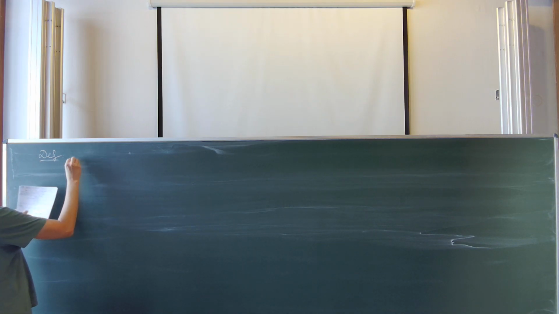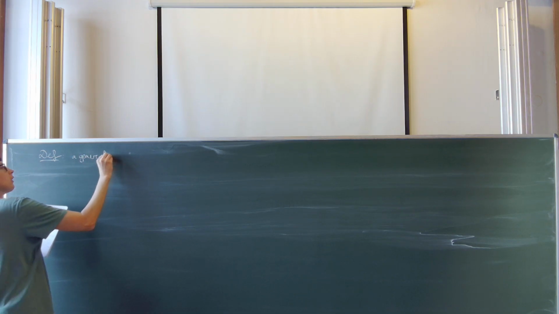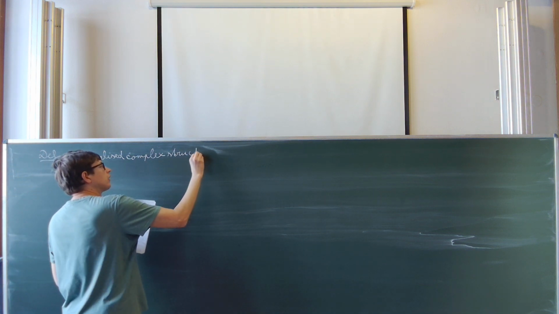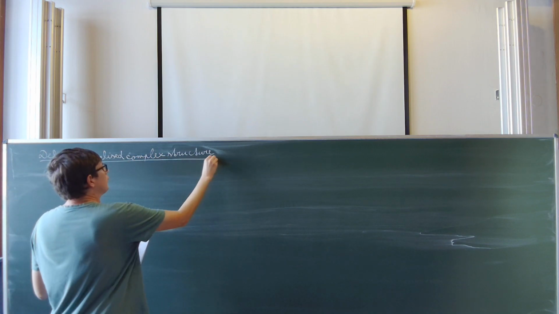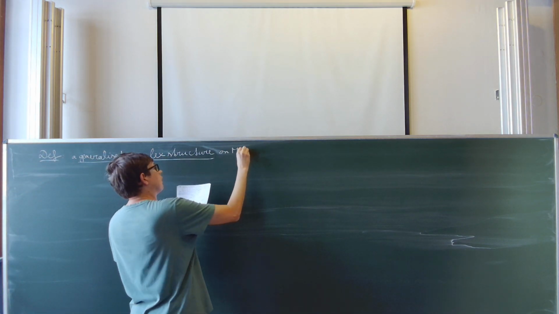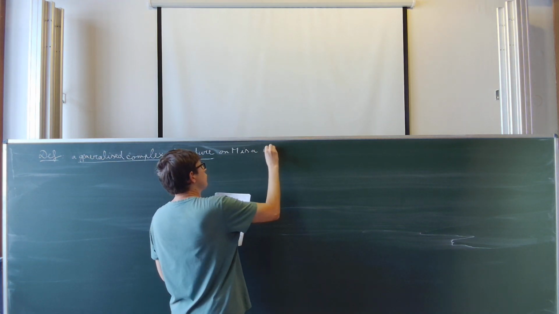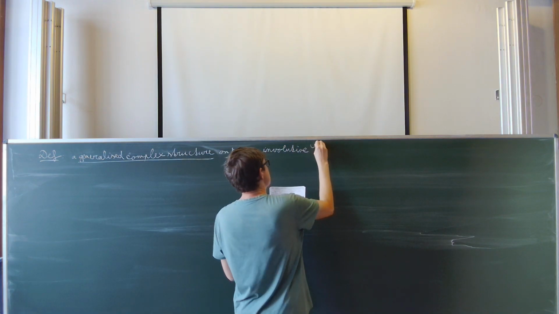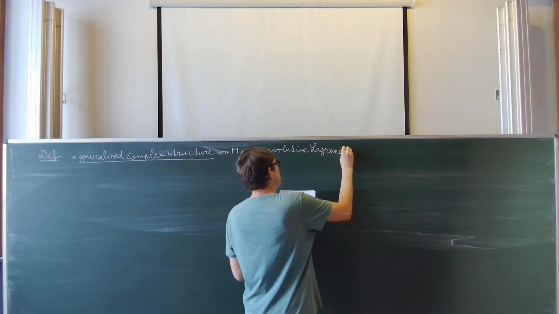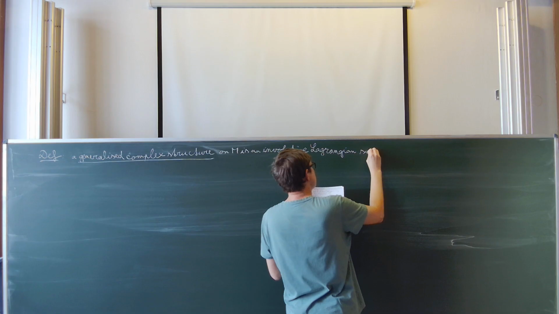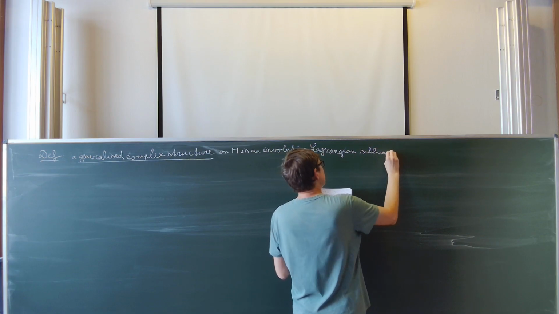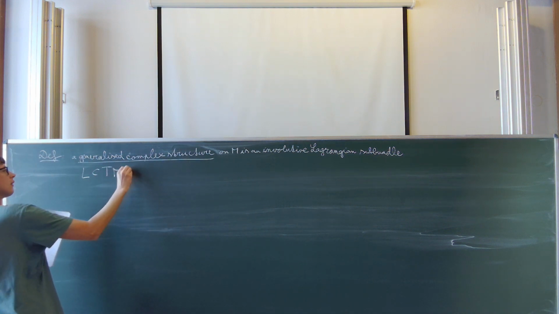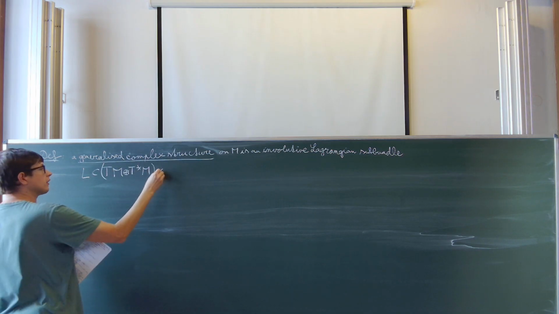Let's say that a generalized complex structure on M is an involutive Lagrangian subbundle, but now not of T plus T star, but of T plus T star complexified.